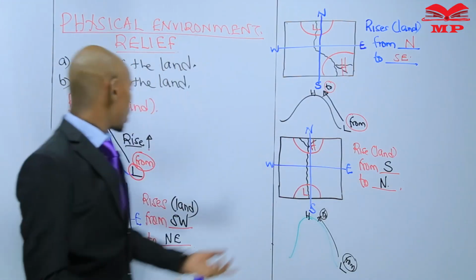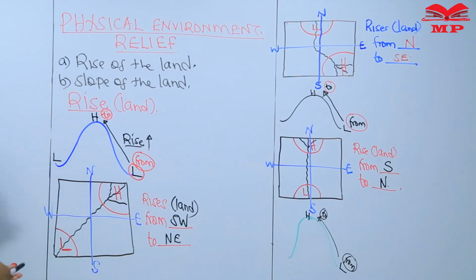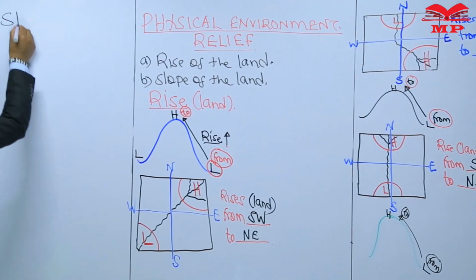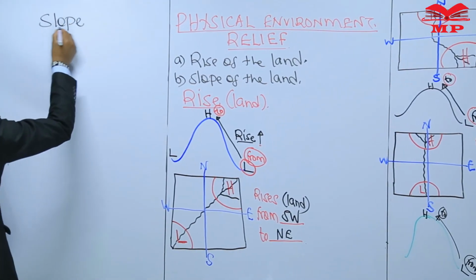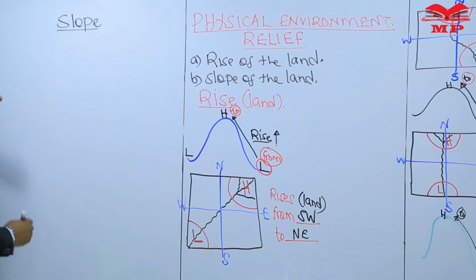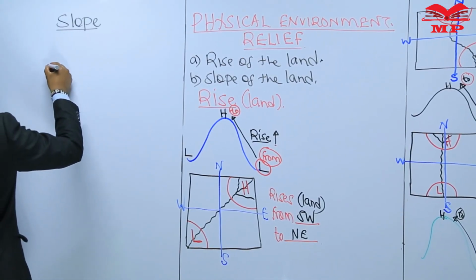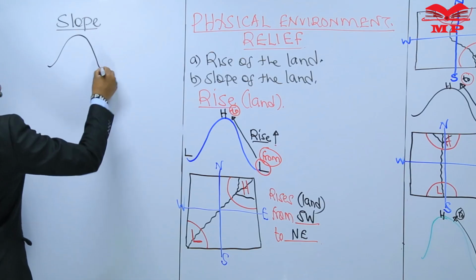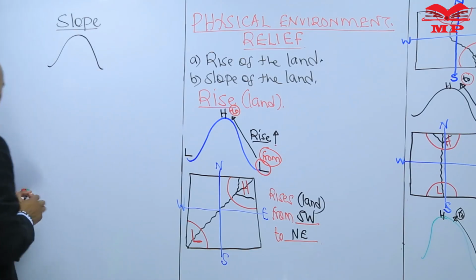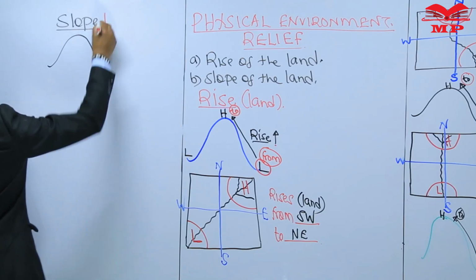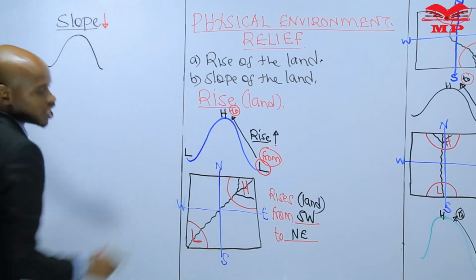Let's go to the opposite of rise, and that is slope. How does slope behave? How does sloping of the land behave? Sloping of the land, also having maybe a magic mountain, will also be able to describe what exactly slope means. Slope means now going down. Actually, slope is the opposite of rise.